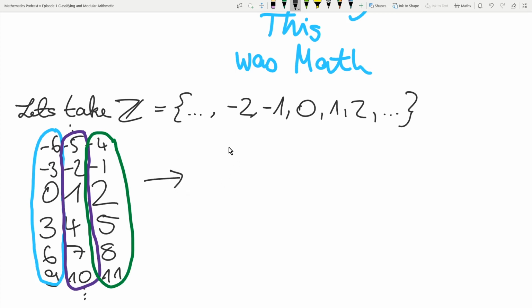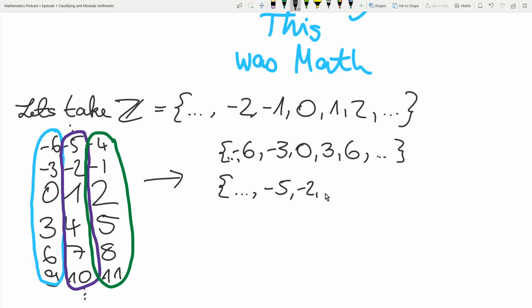This means we have the set that contains -6, -3, 0, 3, 6, and so on and so forth. Then -5, -2, 1, 4, 7, and so on. Then -4, -1, 2, 5, 8, and so on and so forth.